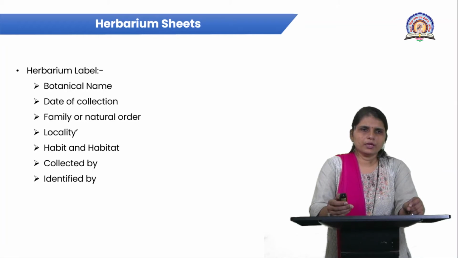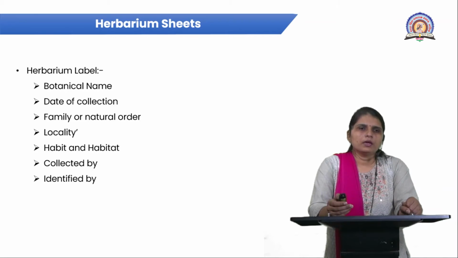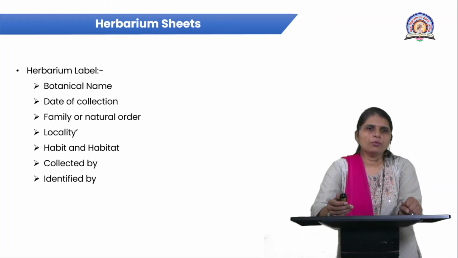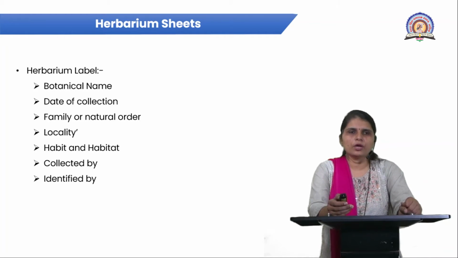Okay. Then herbarium sheets, the labels of these herbarium sheets. There are some points for labeling the herbarium plant. On herbarium sheets, first the botanical name. You have to write the botanical or scientific name of the plant. Then write down the date of collection of that plant.